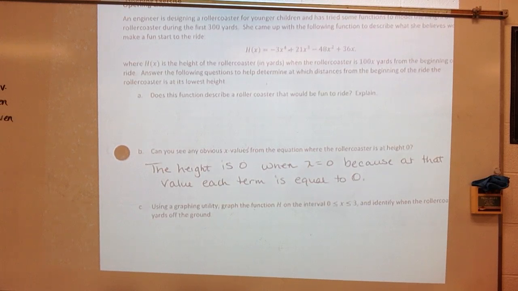So I'm going to open my window, and it says to make it less than or equal to 3.